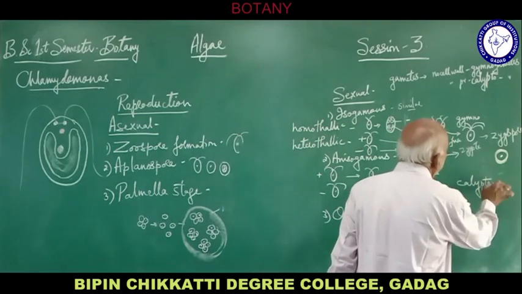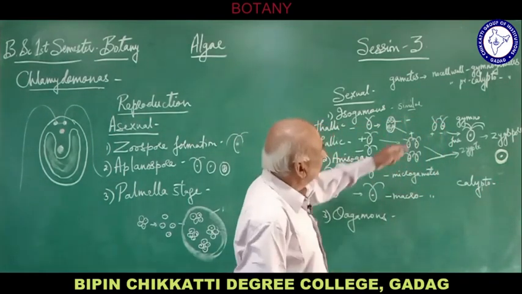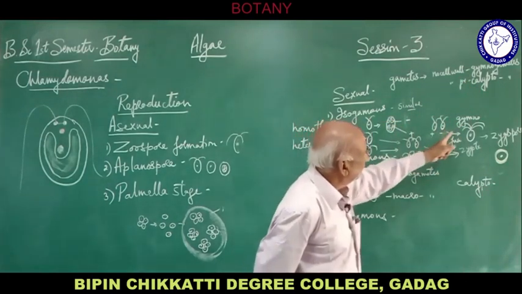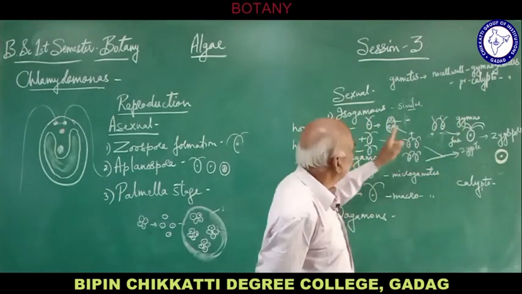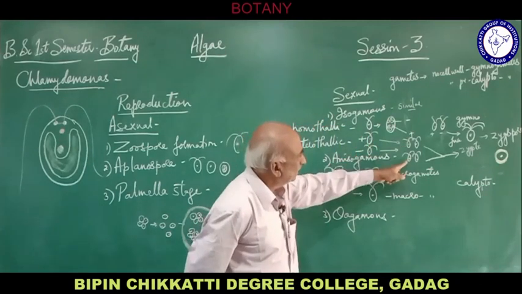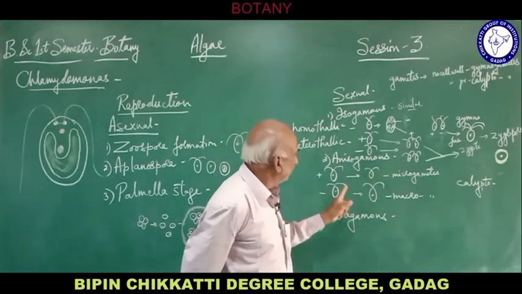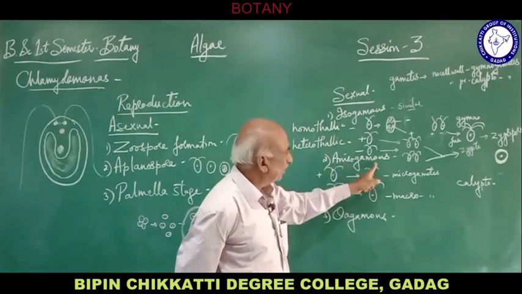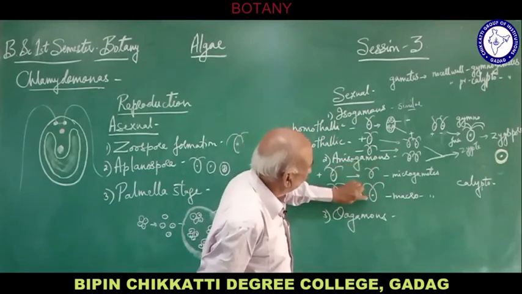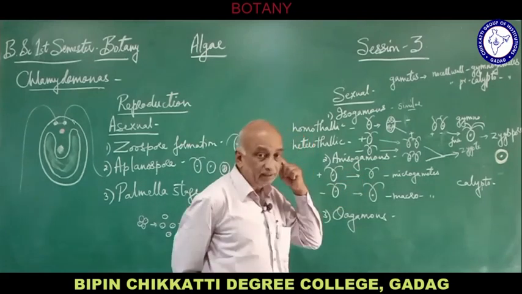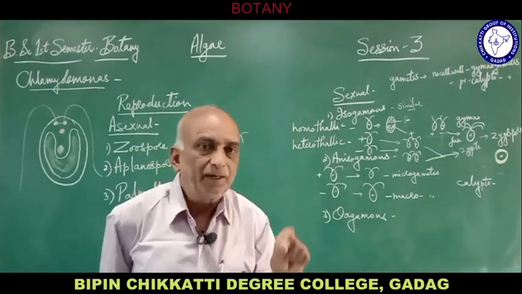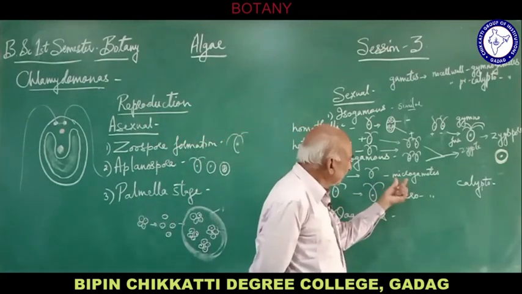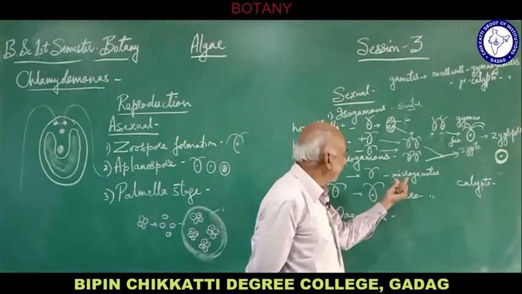This we should remember. Already I mentioned, if there is no cell wall, gymnogametes. So in isogamous they are usually gymnogametes. When the cell produces the same type of gametes, they have no cell wall. But when the gametes are of different size, we can differentiate morphologically which is male and which is female, or which is plus type and minus type. So the smaller gametes are male, they are the microgametes.